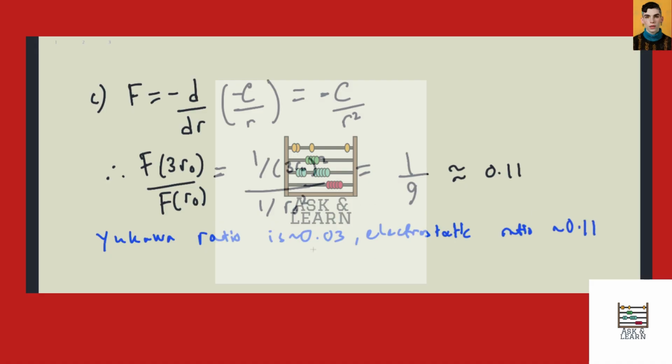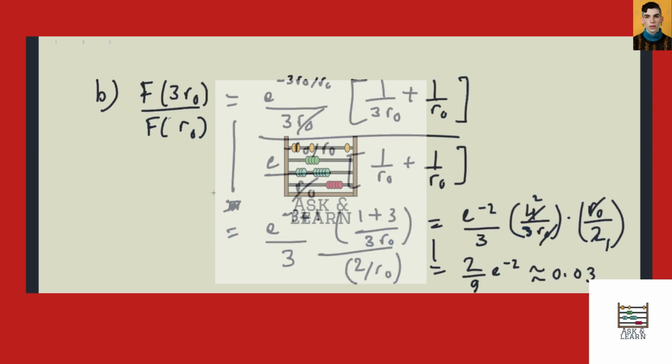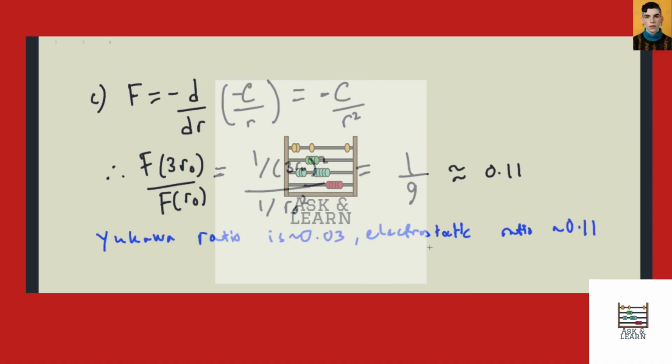So the ratio of Yukawa forces when you triple the radius is a lot lower than the ratio of electrostatic forces when you triple the radius. So Yukawa therefore is a short range force, and that's it.